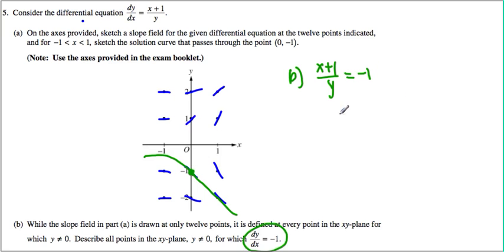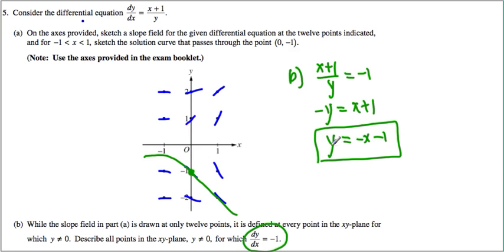Then one thing we get to realize is -y will be equal to x plus 1. That means y will be equal to -x minus 1. So we get to see the relationship that for all values of x and y, we get to have this relationship where slope will be equal to -1.